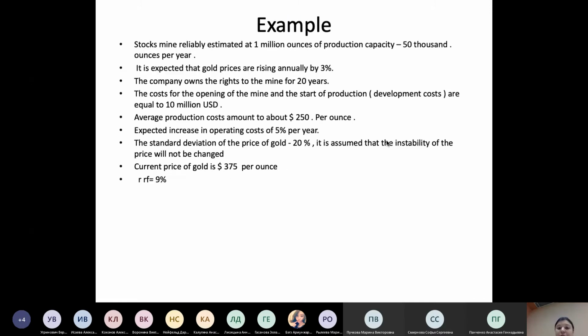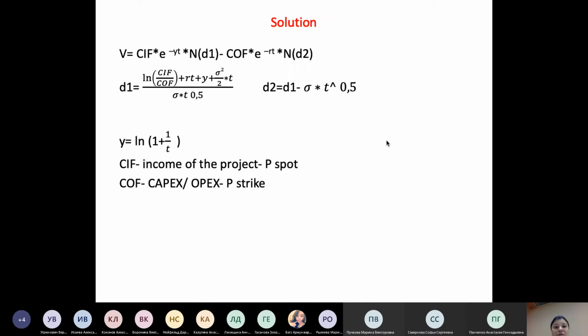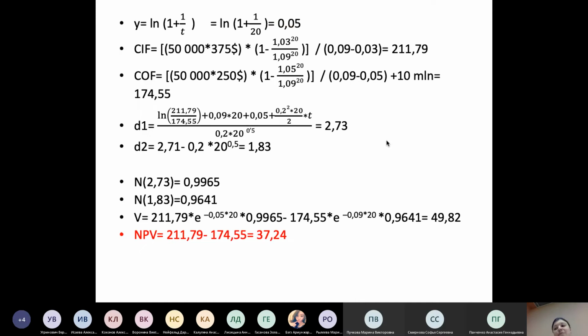First of all, to tell the truth, as was proposed, there is a great part of information, such as it's expected that gold prices are rising annually by 3%, expected increase in operating cost of 5% per year, and so on. In this context, first of all, let's start by finding the main parameters.